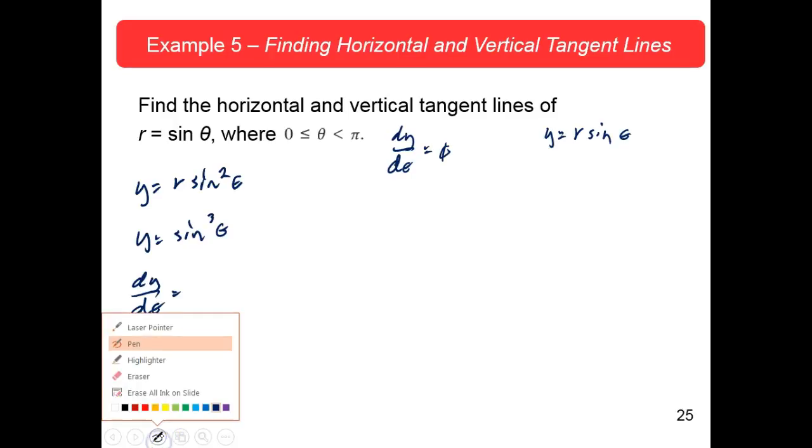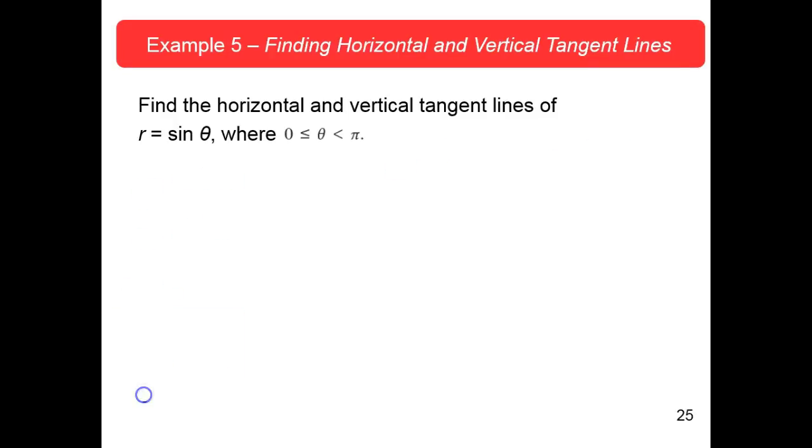Let's back off. In fact, let's erase it all and start over. Find the horizontal and vertical tangent lines for this. So like you said, this is where dy dx is equal to 0. Which will be, of course, where dy d theta is equal to 0.